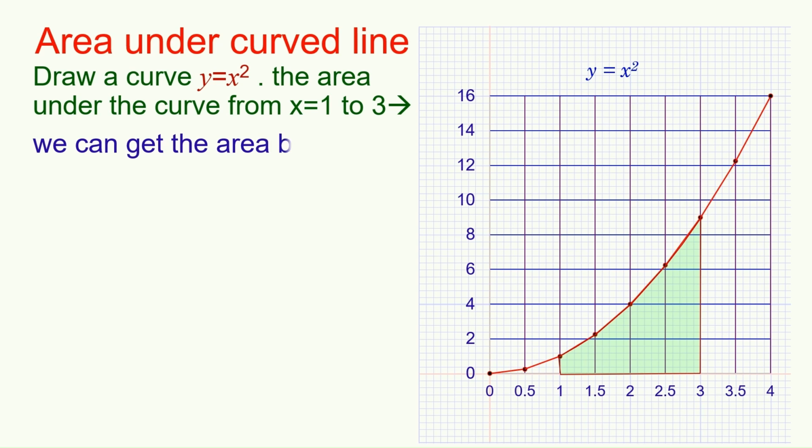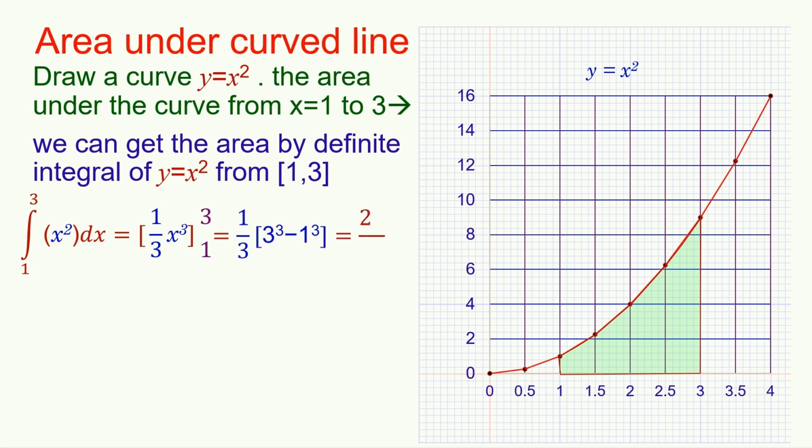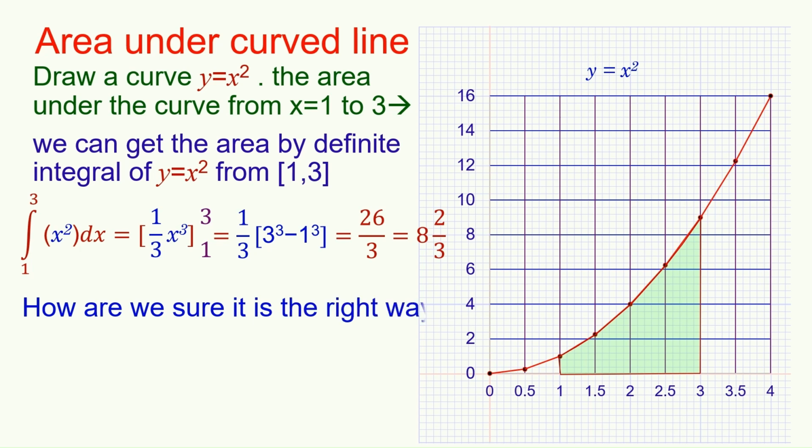We can get the area by the definite integral of y equals x squared from 1 to 3, as the definite integral of x squared with respect to x from 1 to 3 equals 1/3 x cubed evaluated from 1 to 3 equals 1/3 times (3 cubed minus 1 cubed) equals 26 divided by 3 equals 8 2/3.